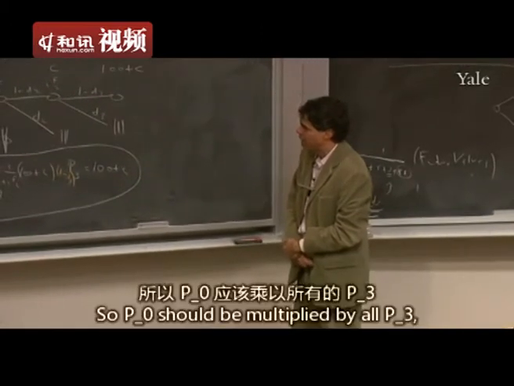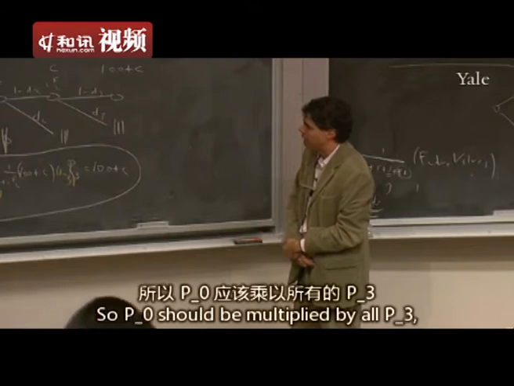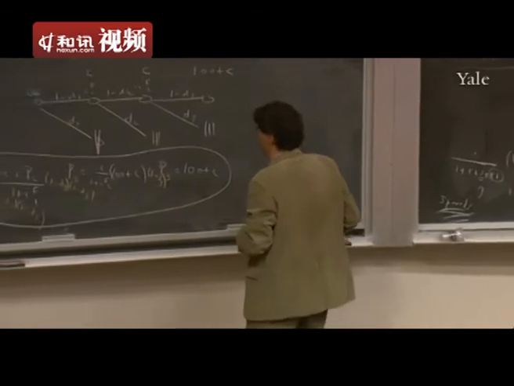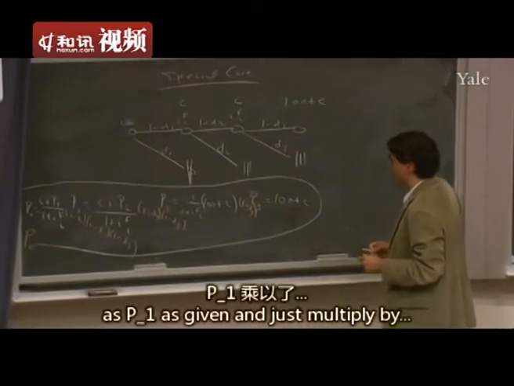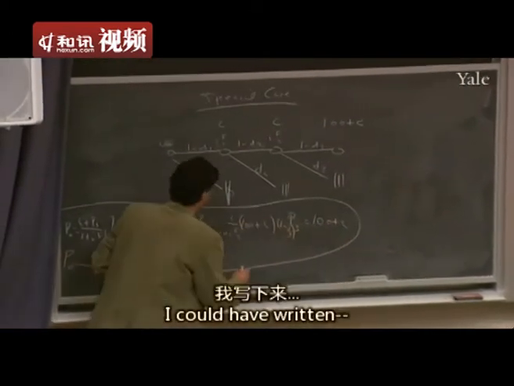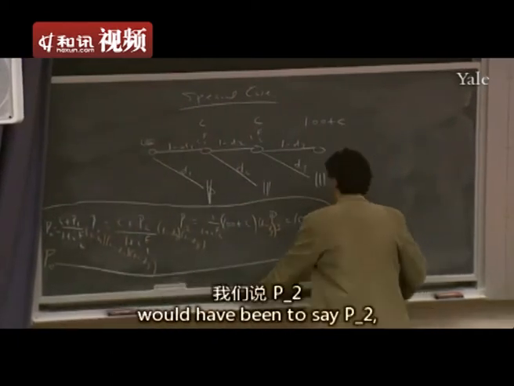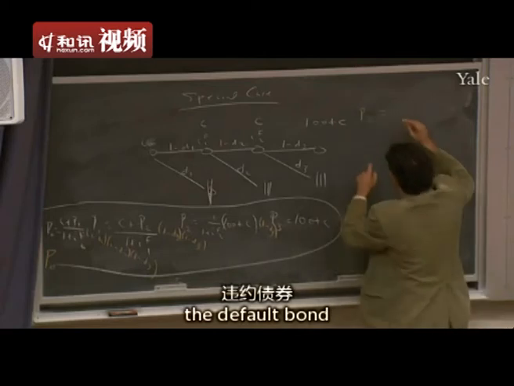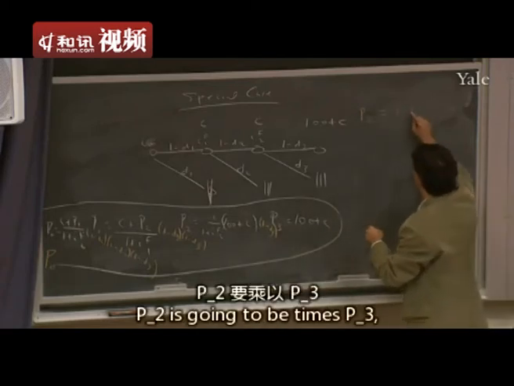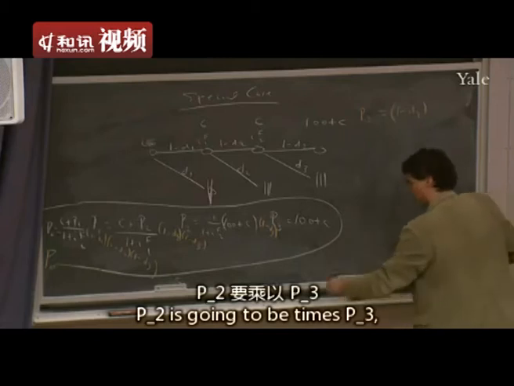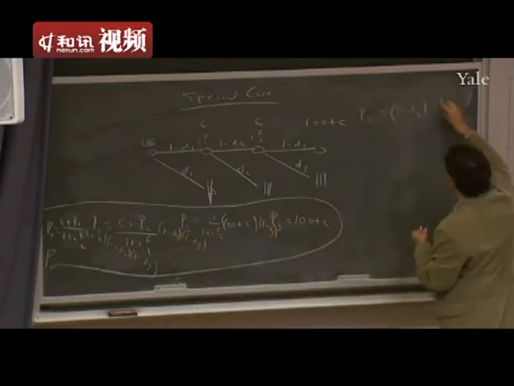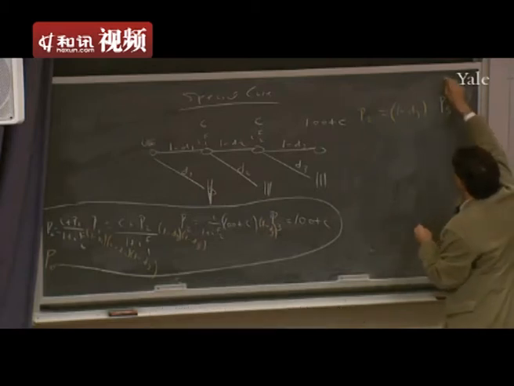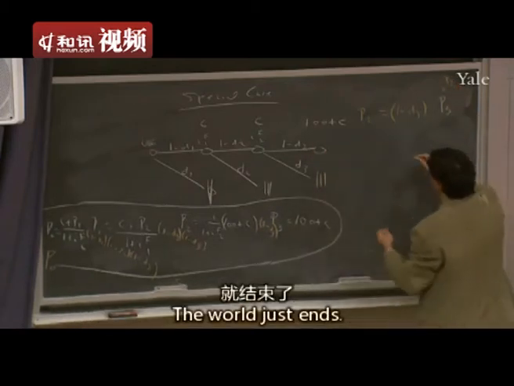So P0 should be multiplied by all three, or isn't it that you're taking whatever you get in as P1 and just multiplying? Well, I could have done it two ways. What you're suggesting is a better way: P2, the default bond, is going to be 1 minus D3 times P3, which is also equal to P3, because there's no default after here. The world just ends.